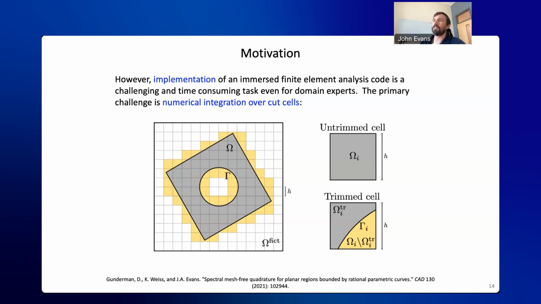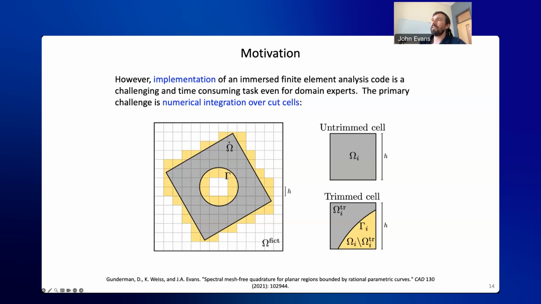The boundary of the domain is denoted as gamma. And we're using a background mesh here, whose boundaries are denoted in these light gray lines as seen here. And if we have background cells living fully inside the domain, we can use, say, standard Gauss quadrature rules to perform integration.